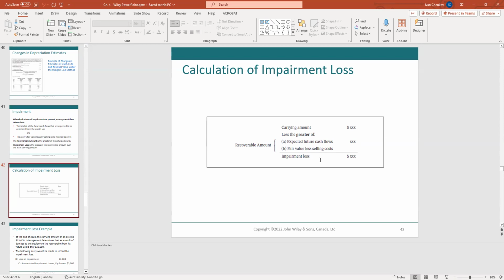But if the recoverable amount is less than the carrying amount, then we're going to have that impairment loss. So we're going to bring the carrying amount to the recoverable amount in that case. Again, if the recoverable amount is greater than the carrying amount, no impairment. But if the recoverable amount is less than the carrying amount, then we have impairment loss.